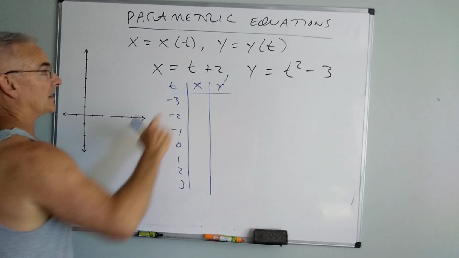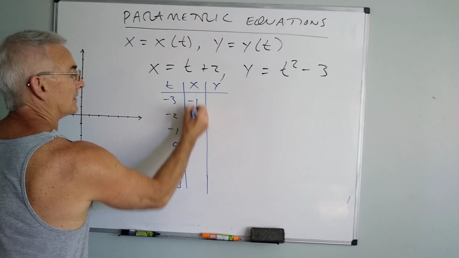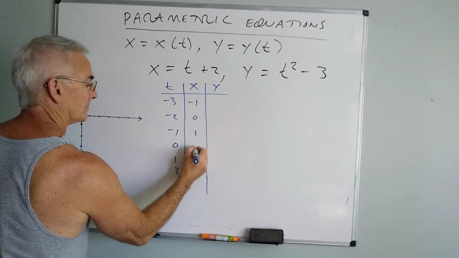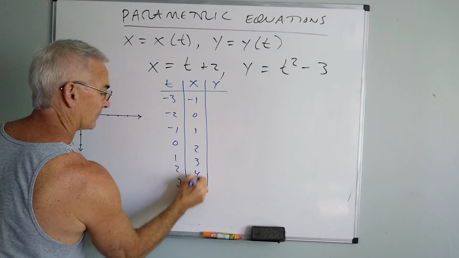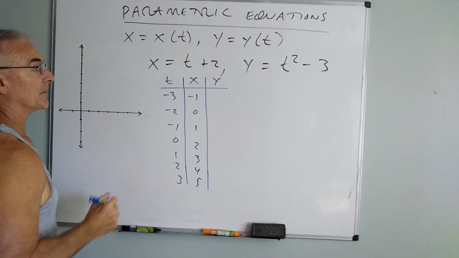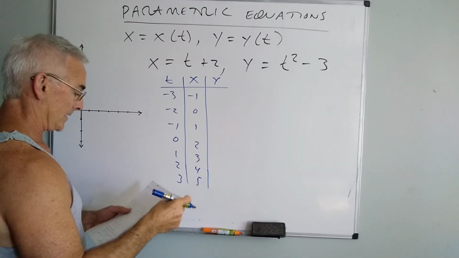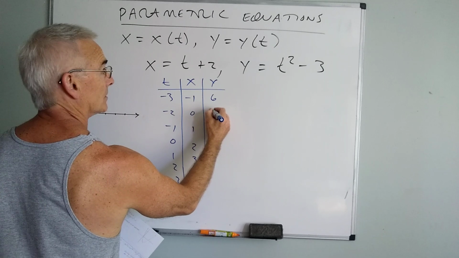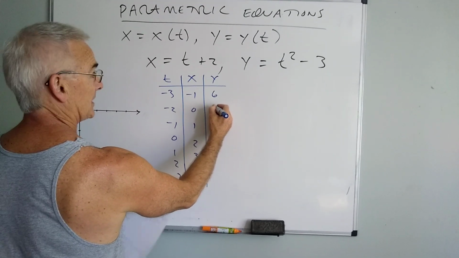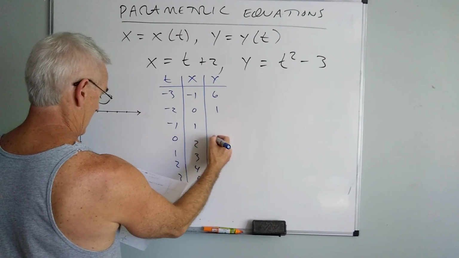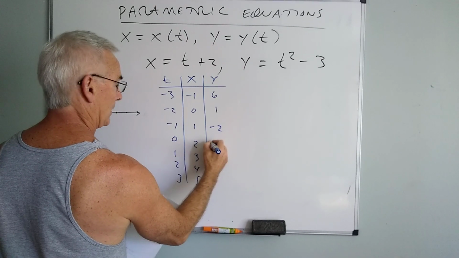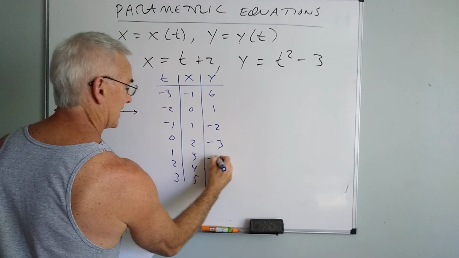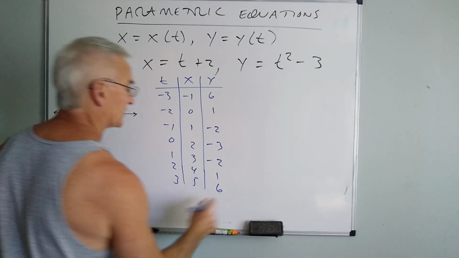Then the corresponding values for x would be -1, 0, 1, 2, 3, 4, 5. And then the corresponding values for y would be 6, and if t was -1, and -2, and -3, and -2, and 1, and 6.